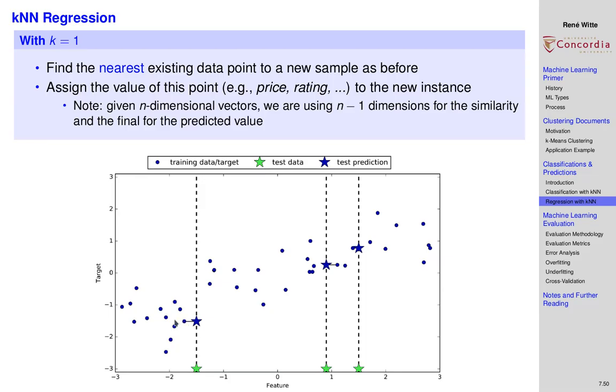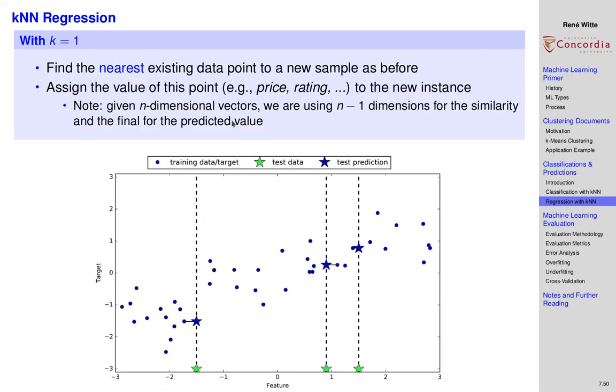And now we are going to assign the output, the y value of this point, to the new sample. Likewise here, we're going to look at the surrounding points. Let's say this one is the closest, then the predicted value for this one is going to be the same as for this one. And same for the third point here.